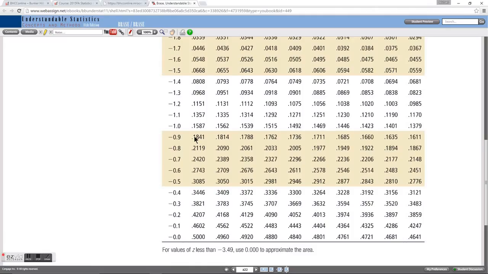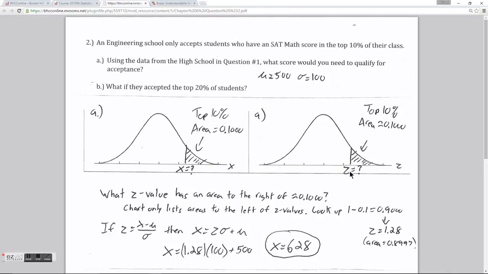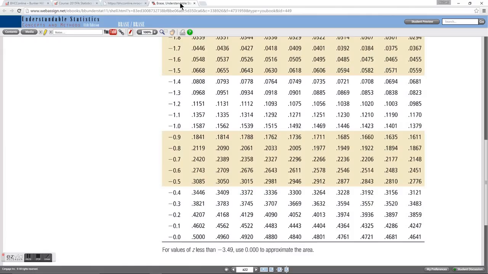Going over to my normal table, I'm not going to look up a Z value this time, but I'm going to look up the area that's relevant to me. So I'm searching for an area of 0.9. Now I know this Z value is going to be on the right side of my distribution, so it's going to be a positive Z value.